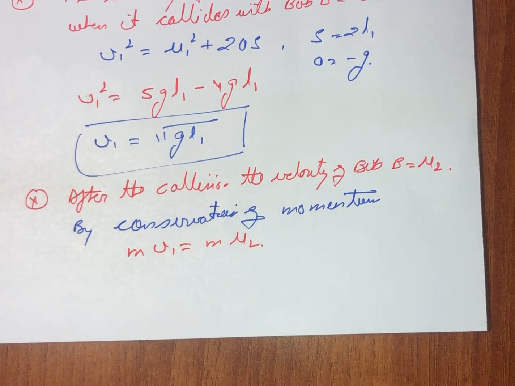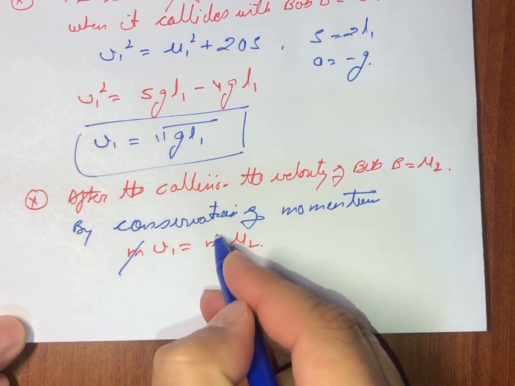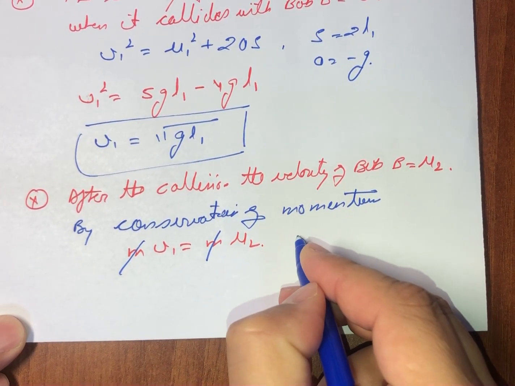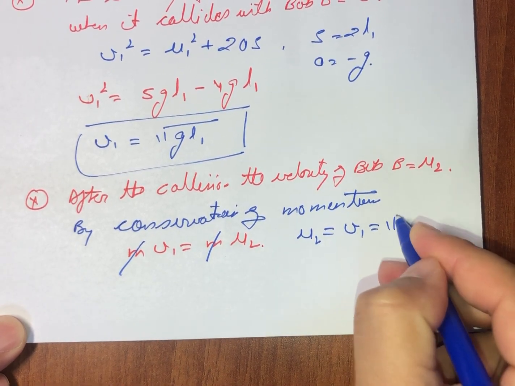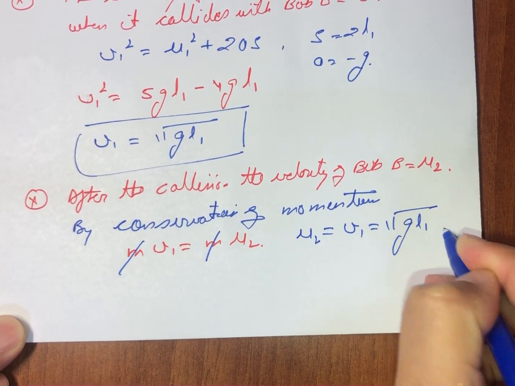The mass is the same, so m and m cancel out, and we can say u2 is equal to v1, which is equal to the square root of gL1.